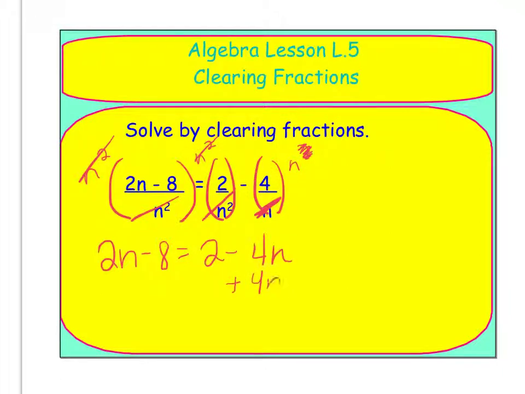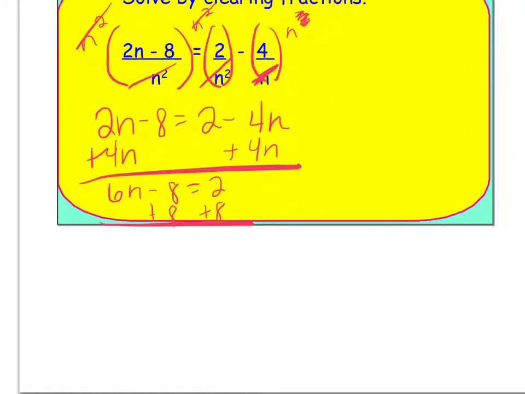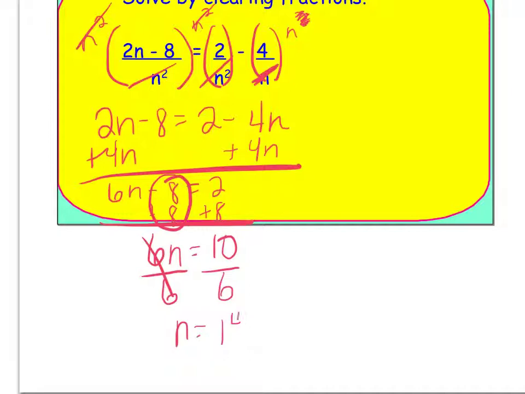I'm going to add 4n to each side. So 6n minus 8 equals 2. Add 8 to each side. 6n equals 10. Divide by 6, and n equals 1 and 4/6, or 1 and 2/3, or 1.6 repeating.